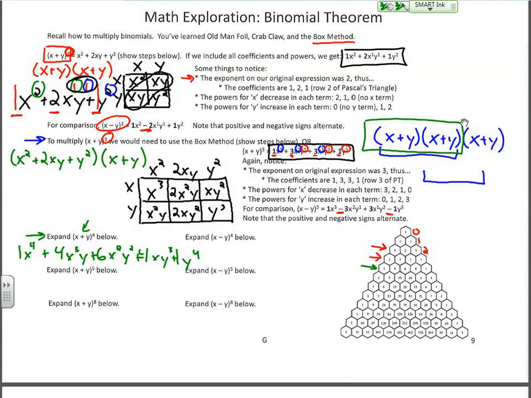I can go home early. To expand x minus y to the fourth, it's going to be the same thing, only it's going to alternate positive and negative signs. My first term is going to be positive, just like it is positive x to the fourth, but then minus 4x cubed y plus 6x squared y squared minus 4xy cubed plus 1y to the fourth.